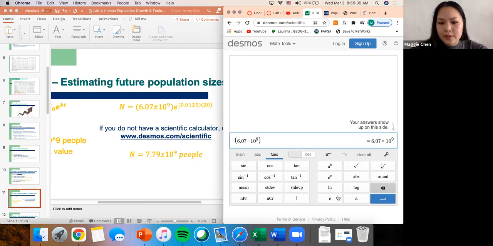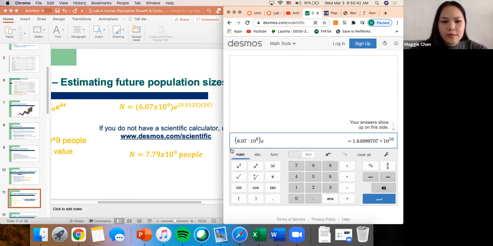Going back to our main setup, we're also going to put in our K, the growth rate, multiplied by our T, our time. So we'll go to the exponent, again put in parentheses, our growth rate 0.0125, end our parentheses, and multiply that by 20, which is our time.